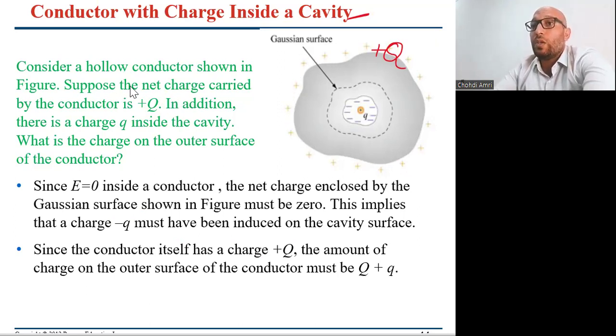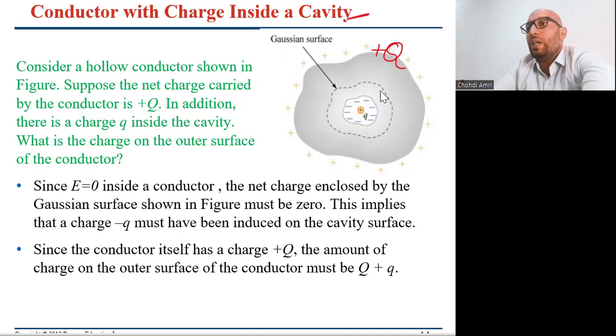But suppose the net charge carried by the conductor is plus Q. In addition, there is a charge Q inside the cavity. So we insert a charge Q inside this cavity. What is the charge on the outer surface now and on the inner surface?